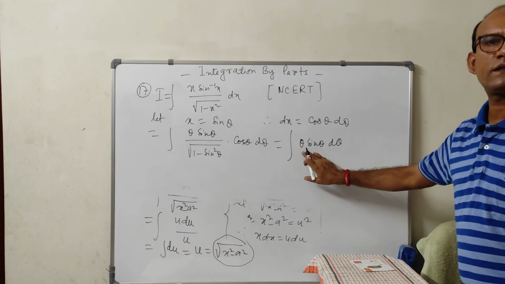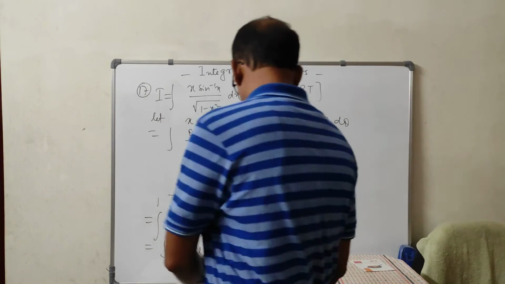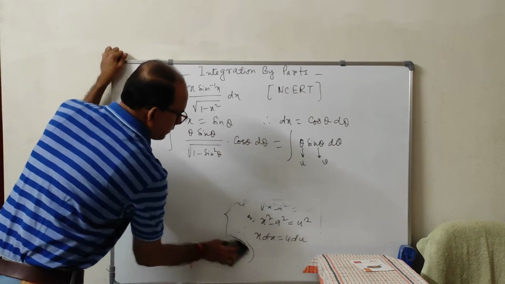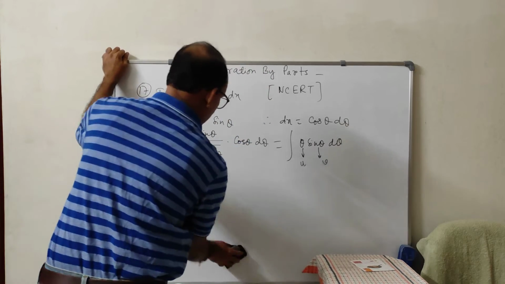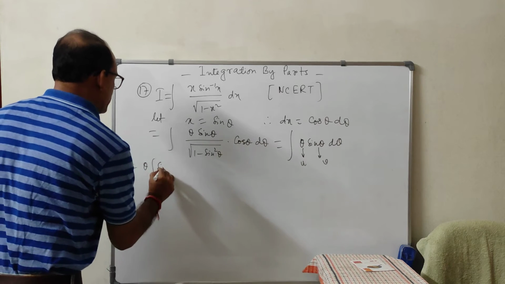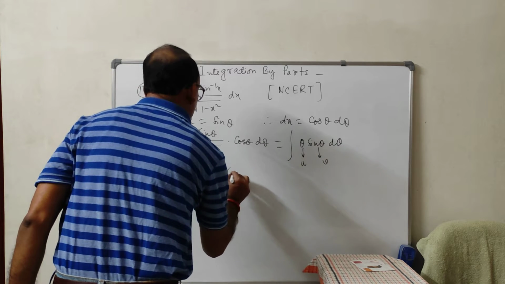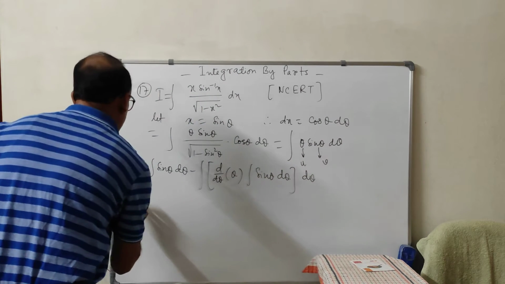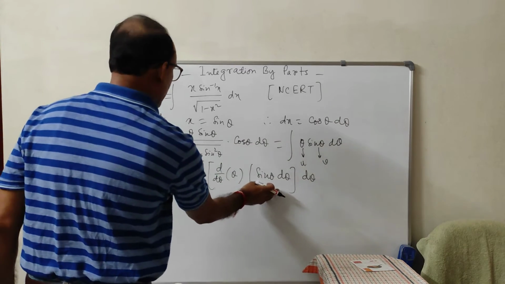So simple, very simple. Take theta as first function, this as u and this as v. Okay. So theta integration sine theta d theta minus integration d d theta of theta integration sine theta d theta whole d theta, and this is minus theta cos theta minus 1 minus sine will come from this integral.